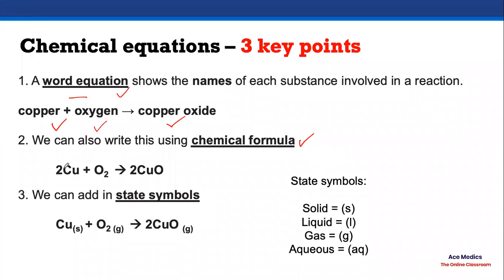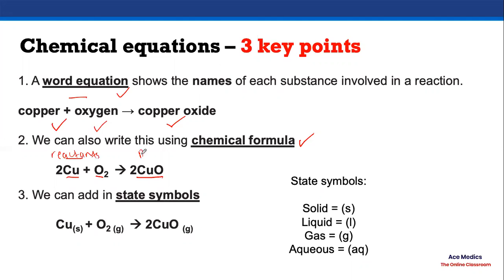you can write that with chemical formulas. So the chemical formula for copper is Cu. The chemical formula for oxygen is O2, forming copper oxide, CuO. If we go back to the basics of our chemical reaction, we can see that copper and oxygen, which are on the left-hand side of the arrow, are the reactants in this chemical reaction.